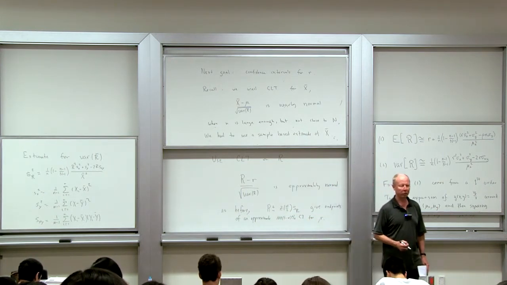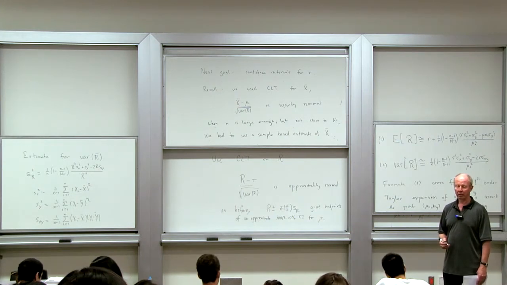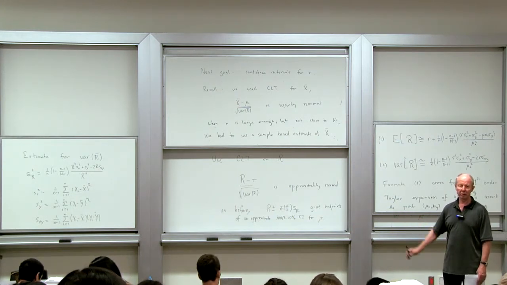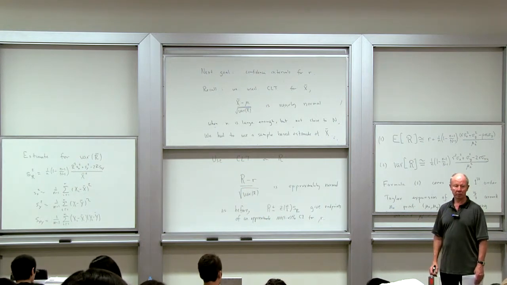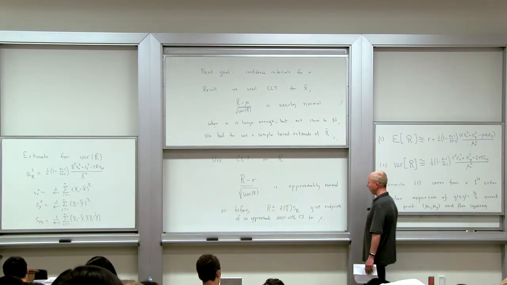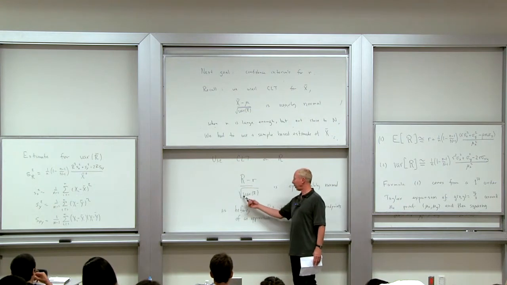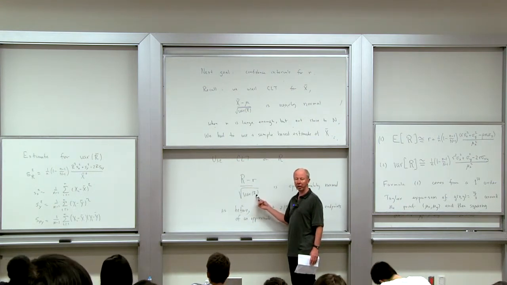And I think you remember the notation z of little alpha over 2? Okay, so this formally proceeds the same way as getting the confidence intervals from u sub x. And again, the variance of R has to be estimated by things you get from the sample.